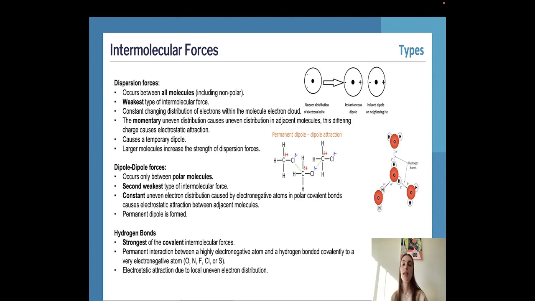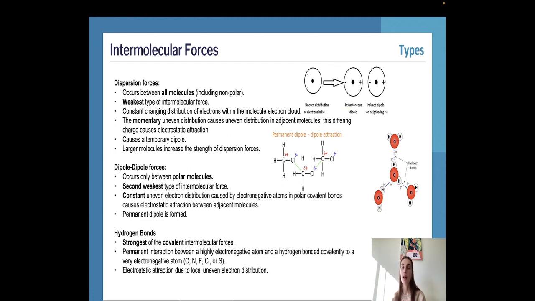The temporary dipole we were talking about before is still there to an extent, but we've also got a permanent dipole, where part of the molecule permanently attracts more electrons towards it, such as in chloromethane. We have this attraction of electrons towards the chlorine, because chlorine is more electronegative than the carbon, so it pulls the electrons towards it more, resulting in the carbon having less electron density and the chlorine having more.